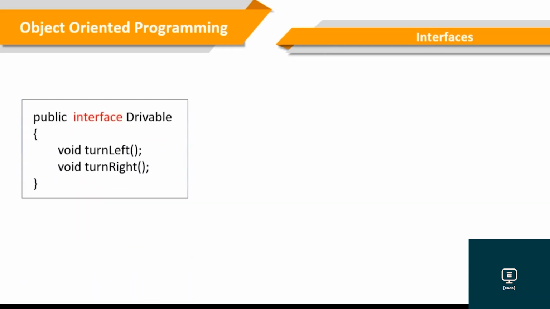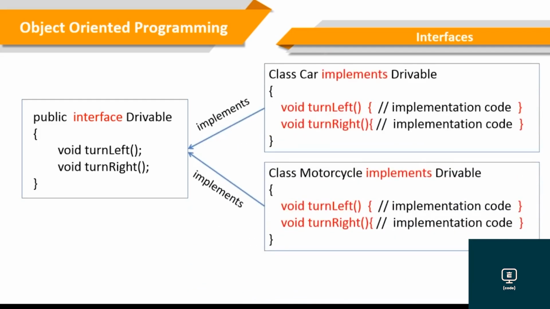So in our example, we first define drivable as the interface. So this interface has two methods that are named turn left and turn right with no body, right? Car and motorcycle are the classes that implement this interface.